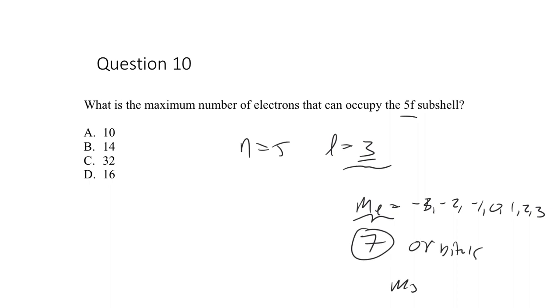M sub S for each of those orbitals can be plus or minus a half, so I can have spin up, spin down. So I have 7 orbitals, 1, 2, 3, 4, 5, 6, 7. I can go spin up, that's 7, and then 8, 9, 10, 11, 12, 13, 14. So I get 14 electrons into the 5F subshell because there are 7 orbitals, 2 electrons per orbital.